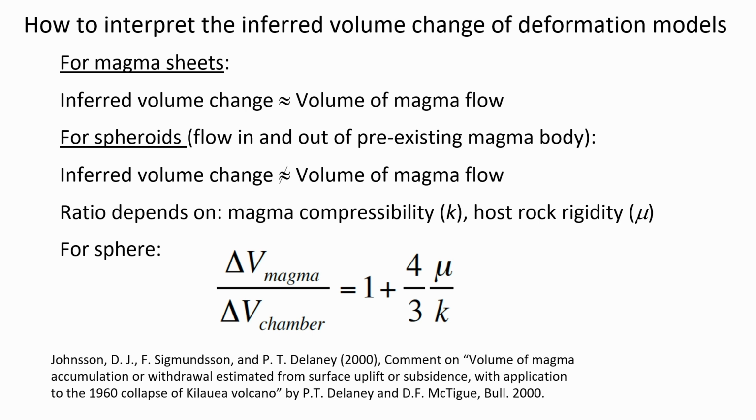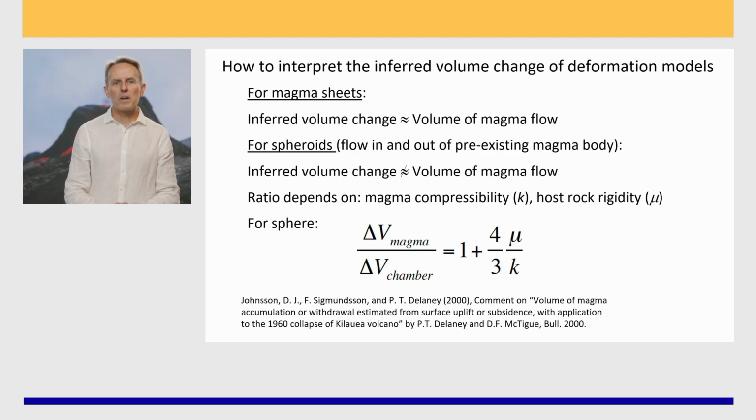First of all, we need to consider if the magma that is moving in the subsurface is being emplaced in magmatic sheets, sills or dikes, or moving in or out of a larger magma body, such as a finite-sized spheroid, or in or out of a spherical volume that is of small radius compared to depth as assumed in the Mogi model.